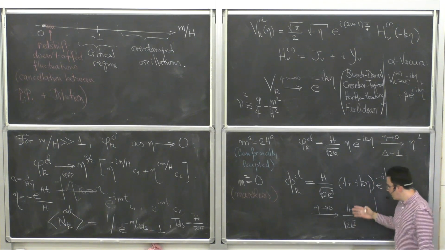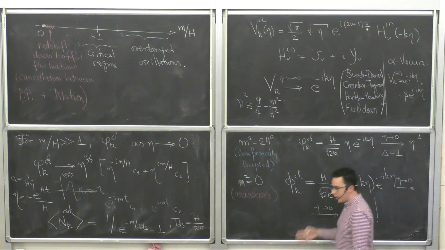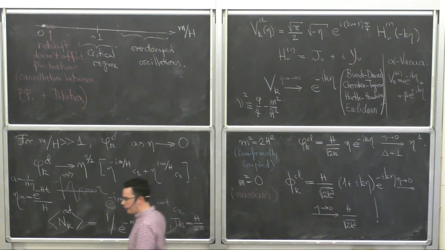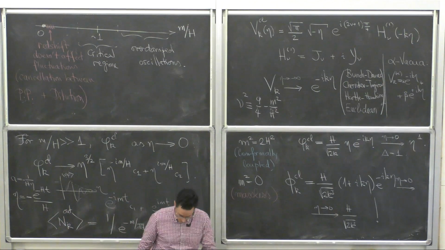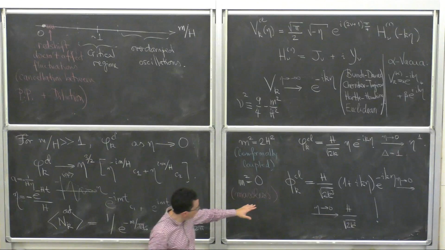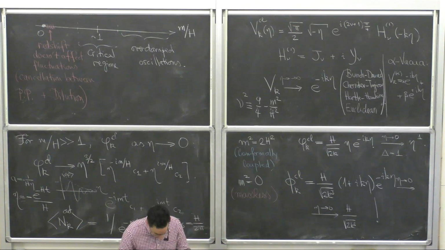It has some momentum dependence and it's controlled by the Hubble rate. So the massless case is the one that we believe is responsible for the formation of density perturbations. That's the most interesting, most important case. It's the lightest mode you could have.